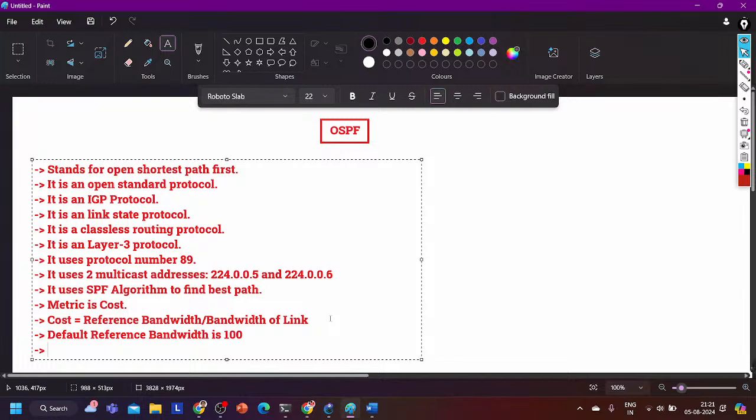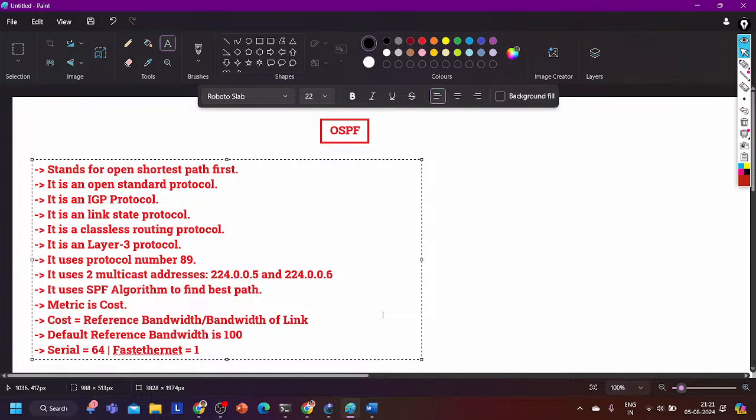Anything else? So the cost on a serial link will be what? Actually, the cost on a serial link is going to be 64, right? The cost on a fast Ethernet link is going to be 1.